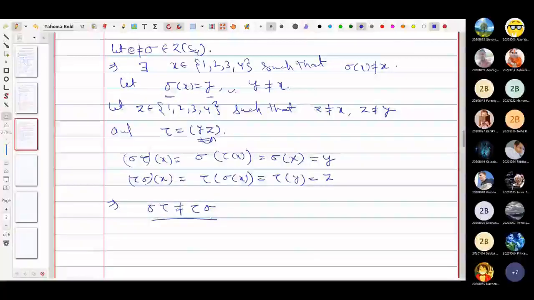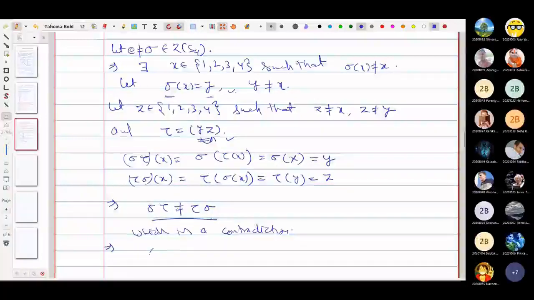So it means that there exists a permutation yz which does not commute with sigma. So this is a contradiction.